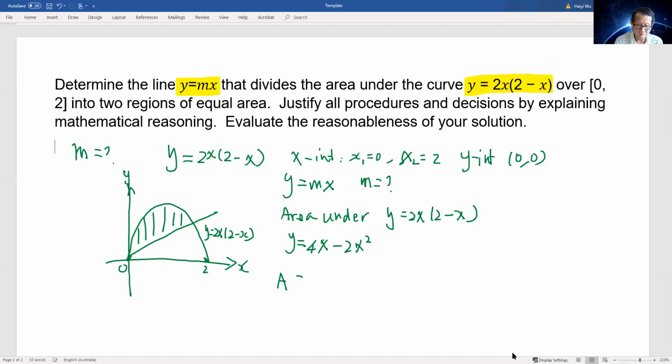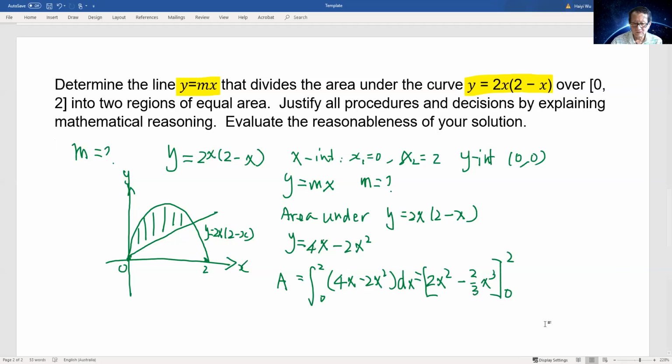So let's do the area. The area equals the integral from 0 to 2 of (4x minus 2x squared) dx. So let's do the integration. It will be 2x squared minus 2 over 3 x to the power of 3, from 0 to 2.